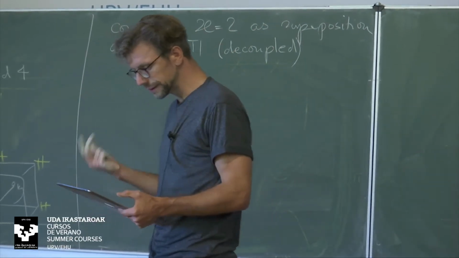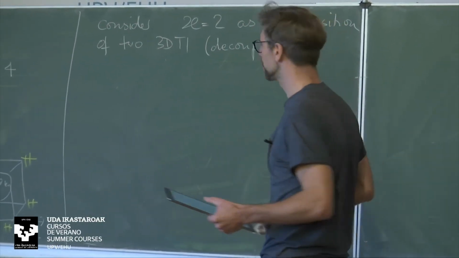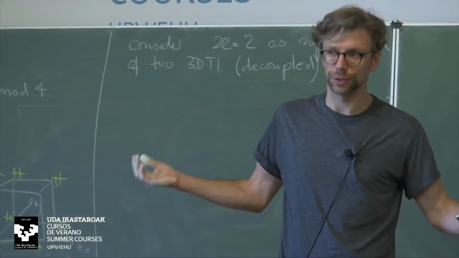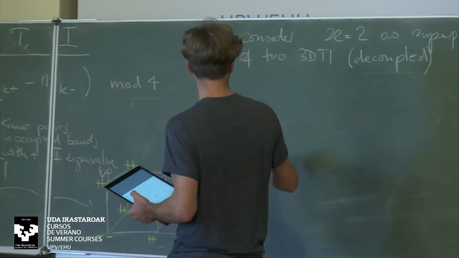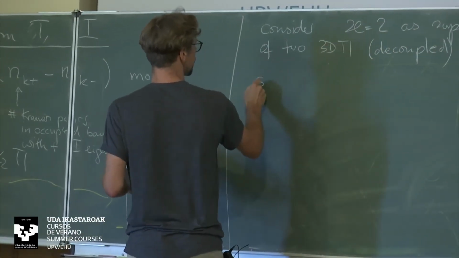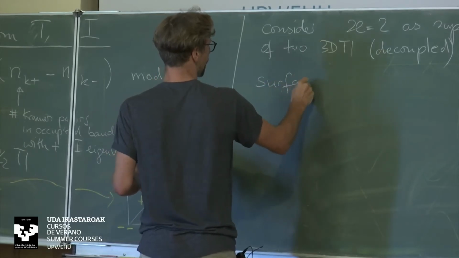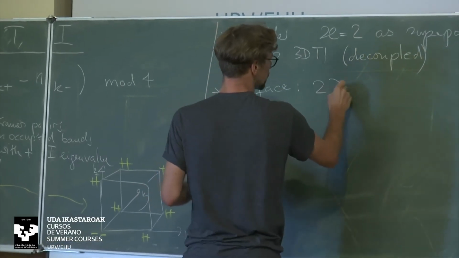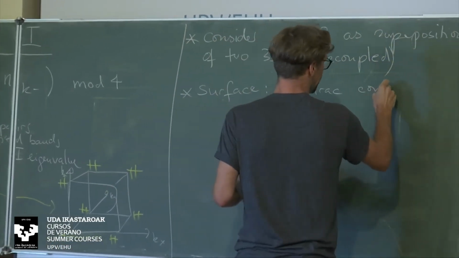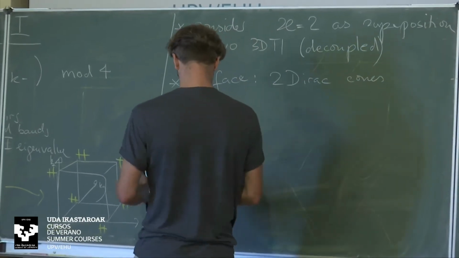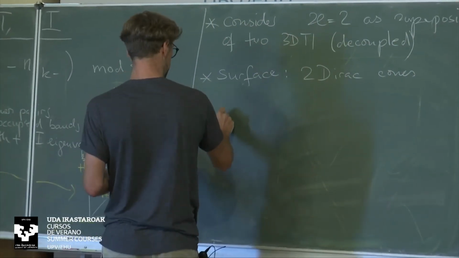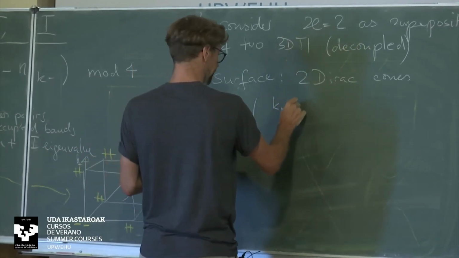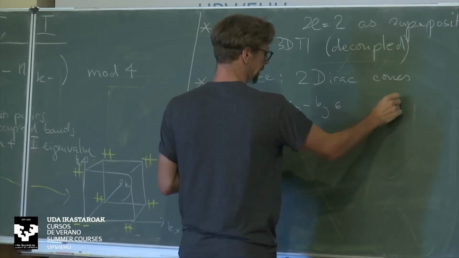Okay, so if we have two decoupled but superimposed topological insulators, then of course on the surface, what we'll have is two Dirac cones, right? And let me choose a specific realization of the surface Hamiltonian for this. So let's say kx sigma y minus ky sigma x.